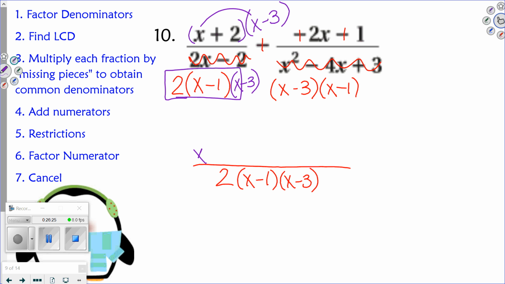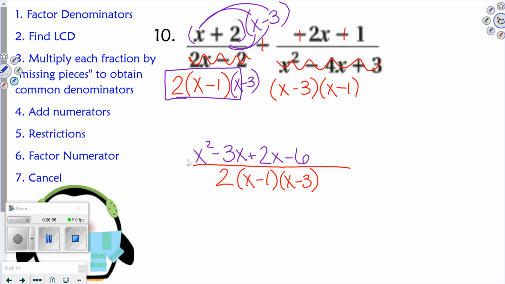So we're going to get x squared minus 3x plus 2x minus 6. That's just the first part. I know. But stop me if you don't understand what I did. You can do it off to the side if you want. I'm lazy, so I just go right there.